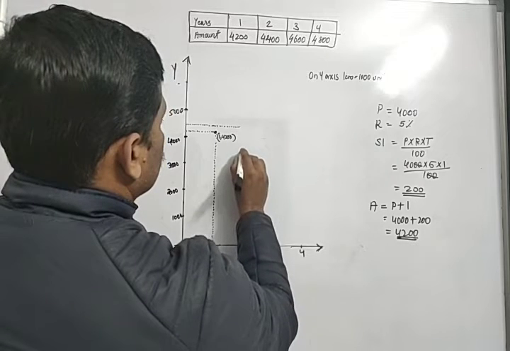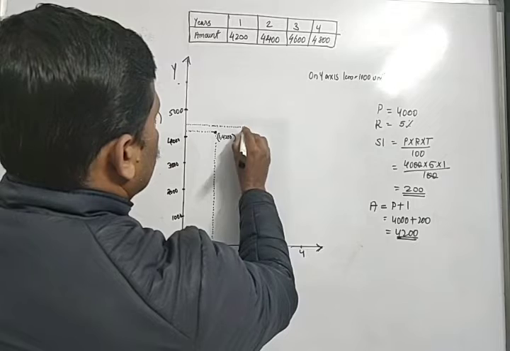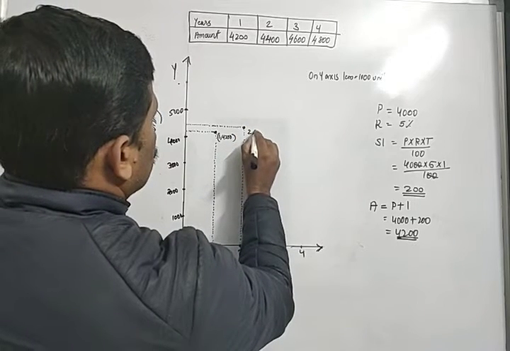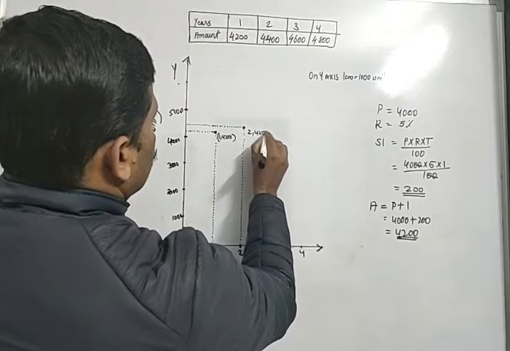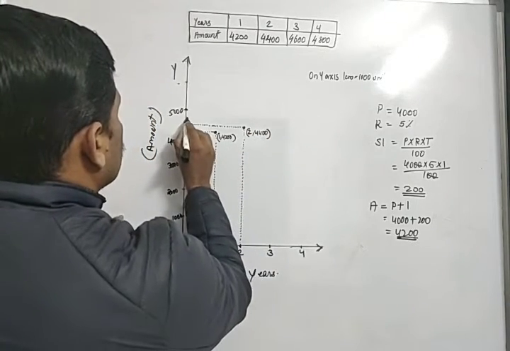Draw straight line, and where it touches both x-axis and y-axis, there it is 4,400.